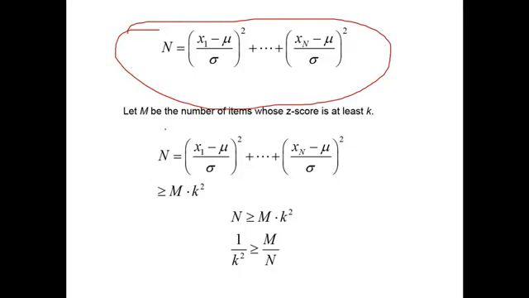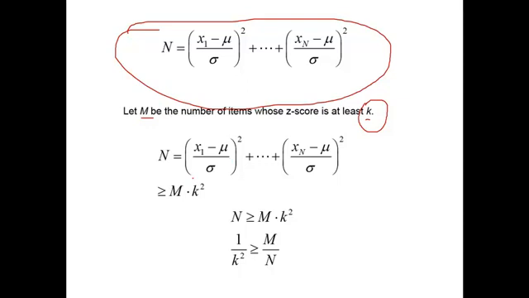Now here I want to get a handle on the number of items that have a z-score that is at least k. We've said k is as big as we want to worry about, and so M would be the number of the items that are too big, that are bigger than k.